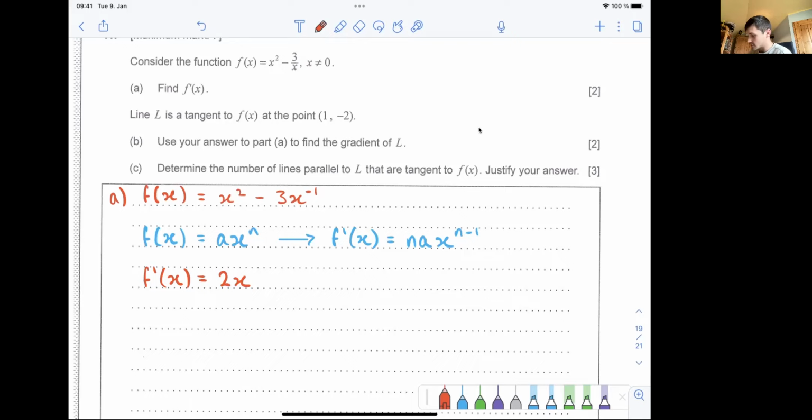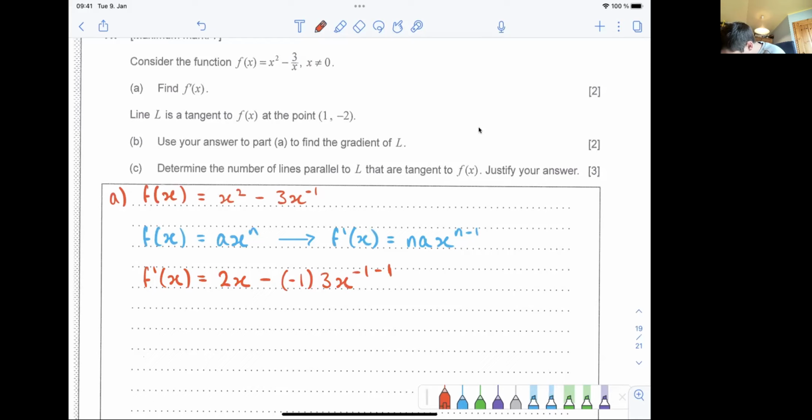Now we move on to the next term. We go minus, and now I have to bring the minus 1, the power, to the front, and multiply it by 3x, and then subtract 1 off the power, giving minus 1 minus 1.